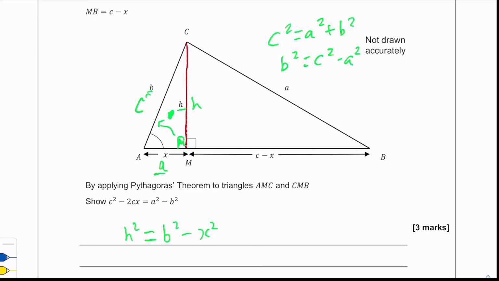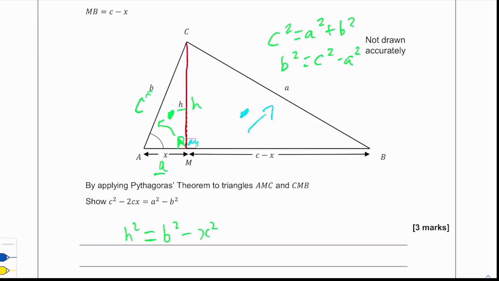Let's now make an expression for our second triangle, this one here. So again, we've got our right angle. This is C, and we can't really use C again because we've got C take away X here. So we'll call this, what should we call this?